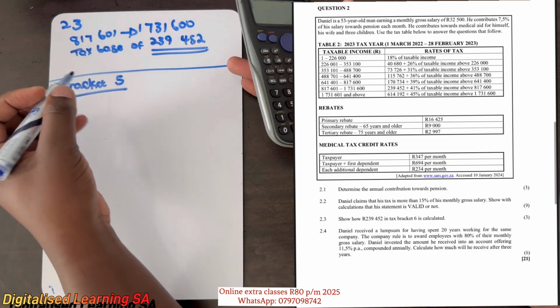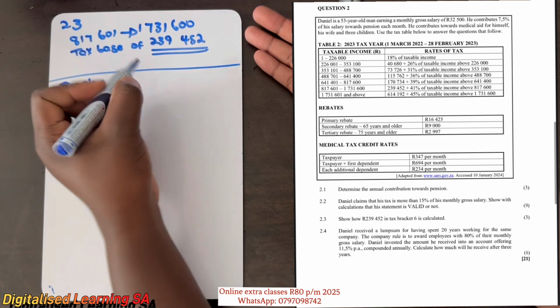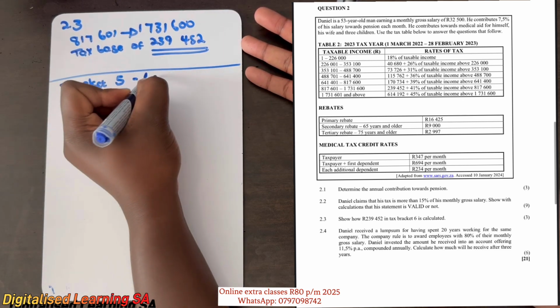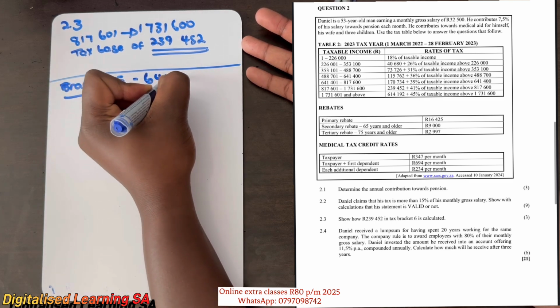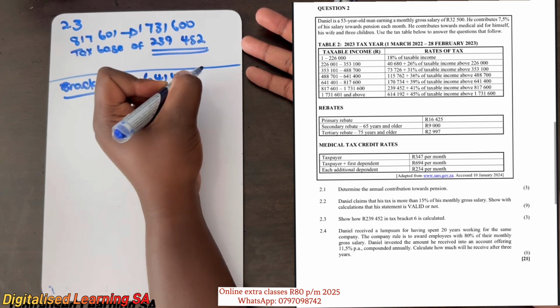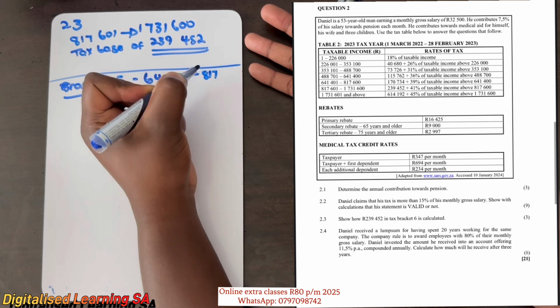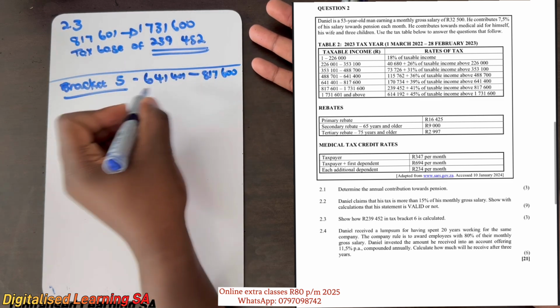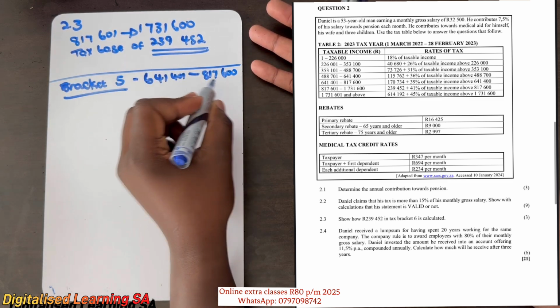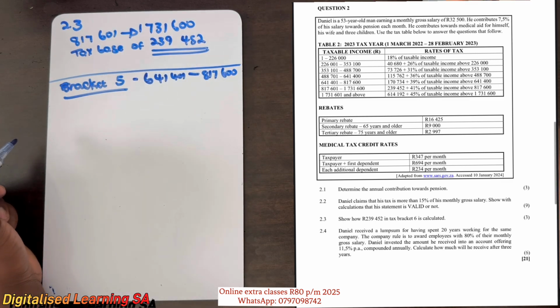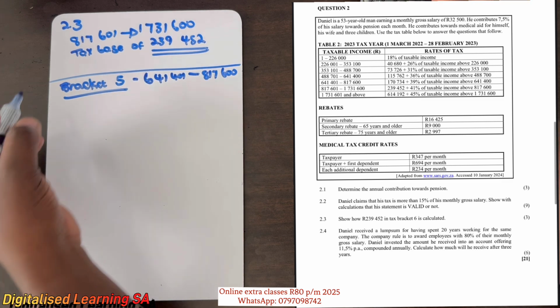So let's just simplify it by showing it. We know that it's from 641,401 to 817,600. So it falls within this tax bracket. If we check on tax bracket 6, we can see that the tax base is 170,734. So we need to calculate the remaining tax.